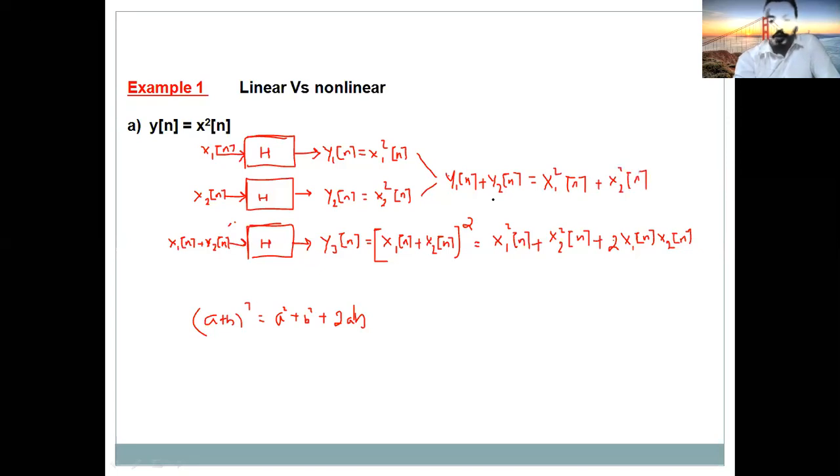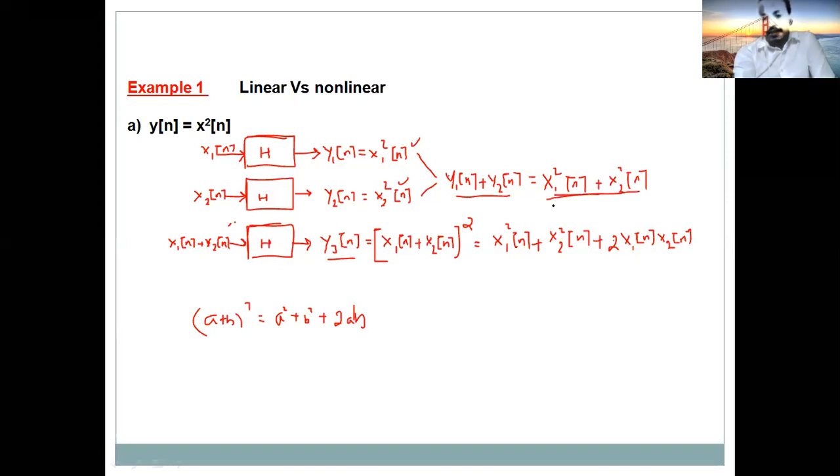Now, compare the summation of the two outputs with y3. To say a system satisfies superposition principle or linearity, what we have to do, first apply inputs individually to the system. x1 generates y1, right? When you apply x2, it generates y2. So the two outputs, when you add, it generates this one.